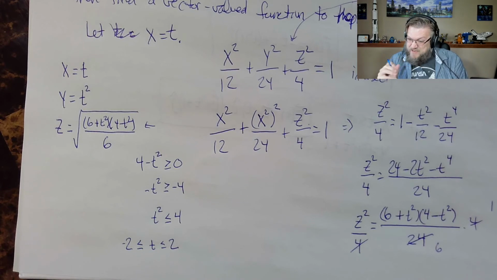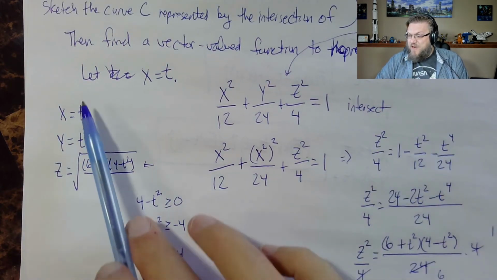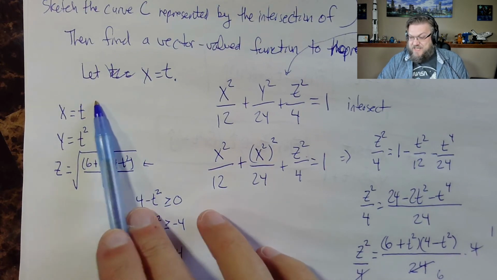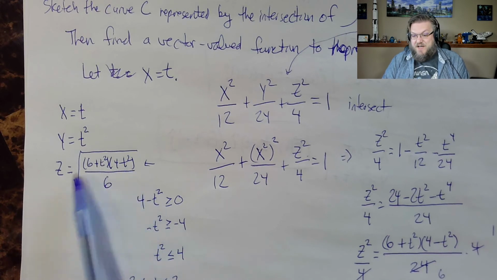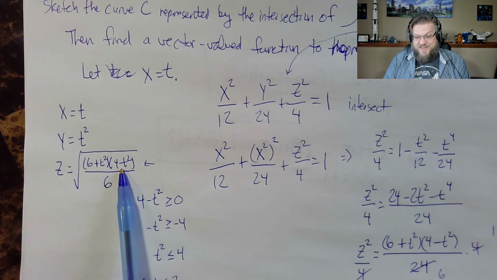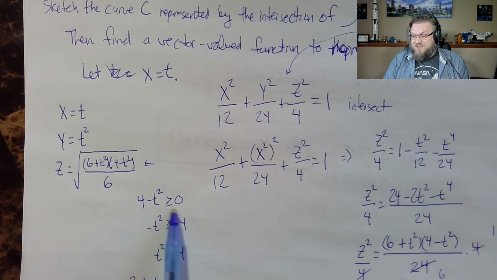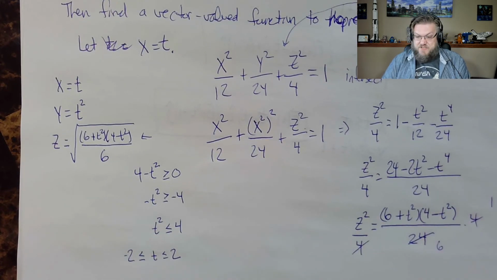It was sort of hidden, wasn't it? Right? And so that's an interesting way to think about that. You'd have to actually look at each thing here and see where was their problematic definition here. And this was the problem I could find. This has to be greater than or equal to 0. And so that means this has to be less than or equal to 4, which means that t has to be between -2 and 2.